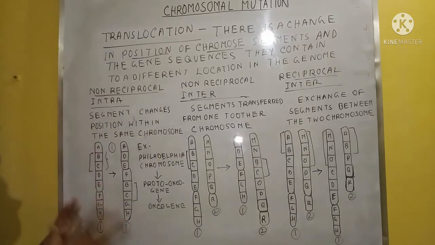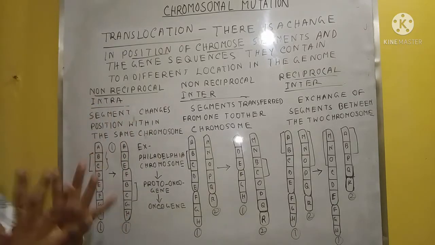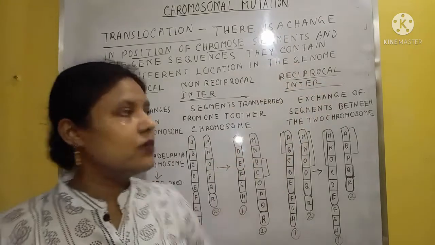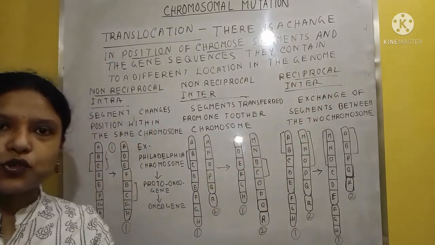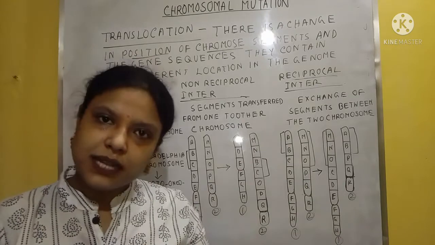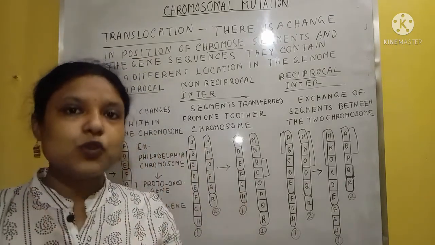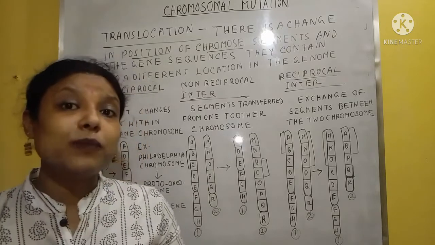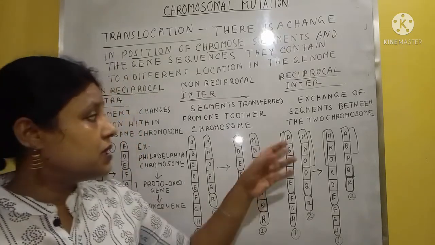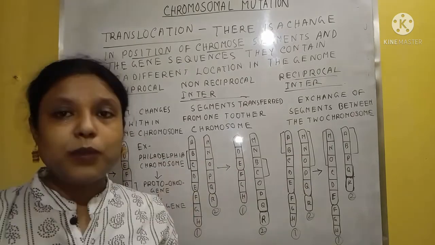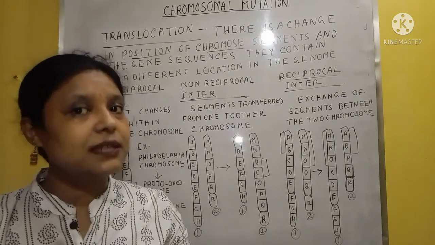Clear? So this is the intra, or the non-reciprocal way. And in case of the reciprocal way, both chromosomes exchange their parts. The non-reciprocal means one chromosome or one chromatid exchanges its part, but in case of reciprocal, both the chromosomes are involved in exchanging their segments.